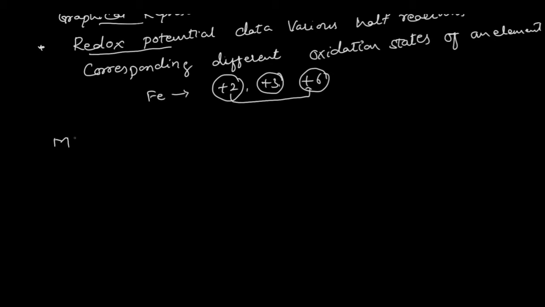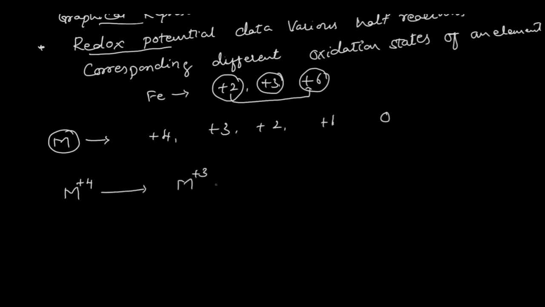Let us consider an element M which is showing different oxidation states like +4, +3, +2, +1, 0. These oxidation states of the element are connected by a horizontal arrow.